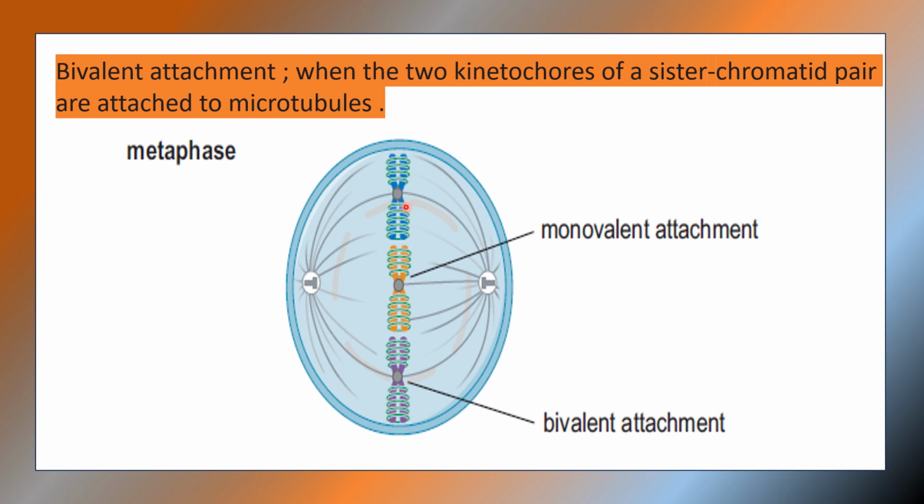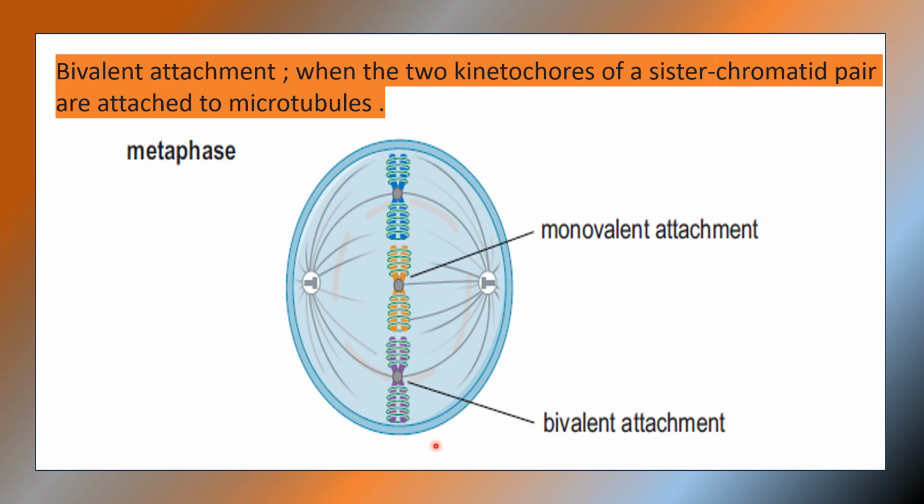As the cohesin ring is broken down, the sister chromatids will separate from one another and move, one to this microtubule organizing center and the other to that microtubule organizing center. This formation is what we call the bivalent attachment.